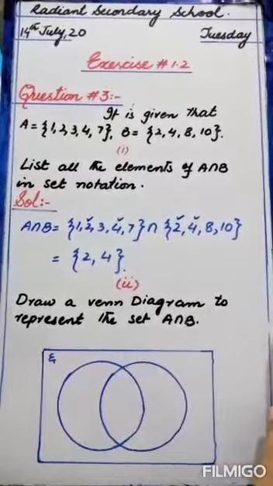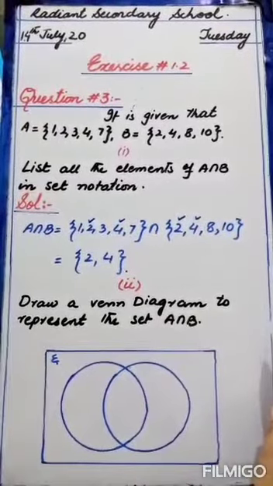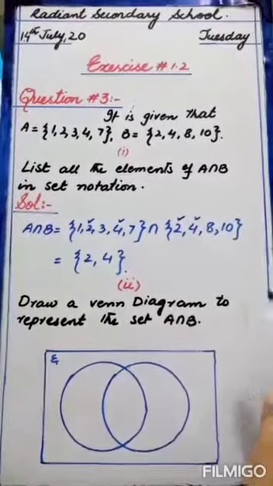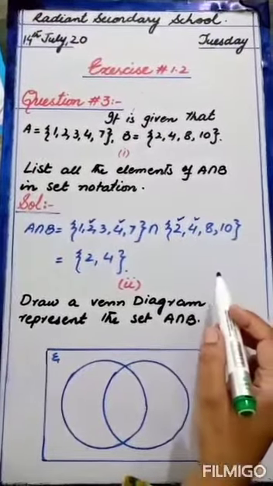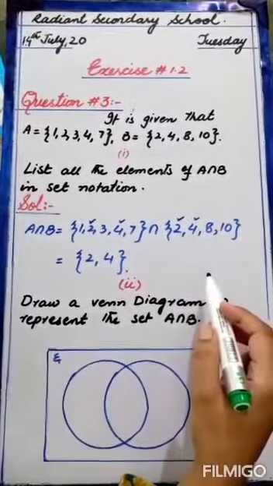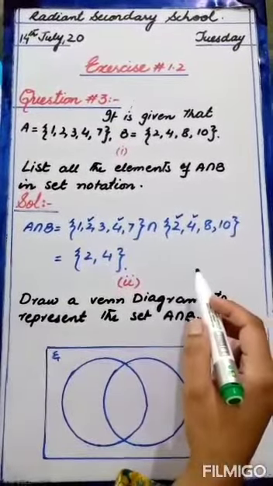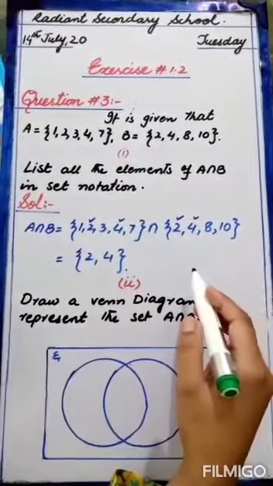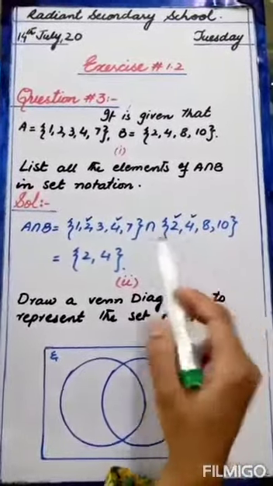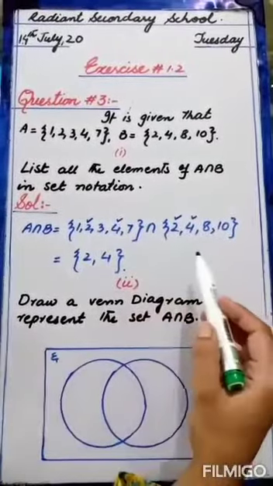For checking the case, first we check: is there any common element? If there is no common element, it will be the case of disjoint sets. Otherwise, if at least one element is common, and no set is the subset of the other one, it will be an overlapping case.